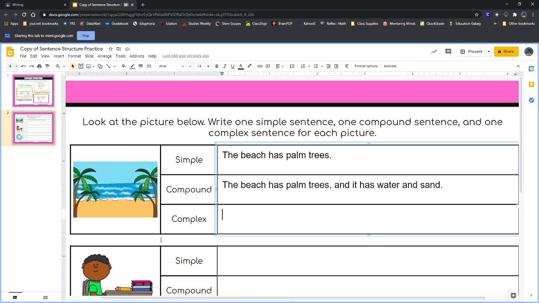For the complex sentence, we don't want to have 2 complete sentences. We want to have 1 complete sentence and then give a little more information. Yes, Alexa.